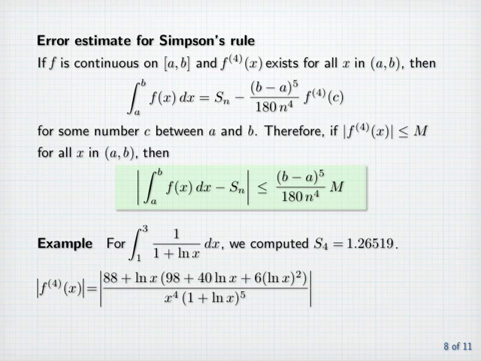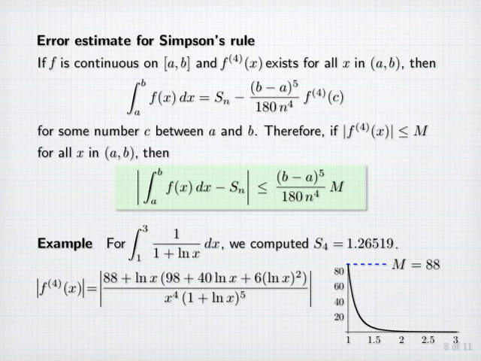Rather than trying to find the exact maximum value using calculus, we'll just graph the function with a graphing utility, which reveals that this function is always decreasing on the interval from 1 to 3. That tells us that the maximum value is the value at the left endpoint, which turns out to be exactly 88.